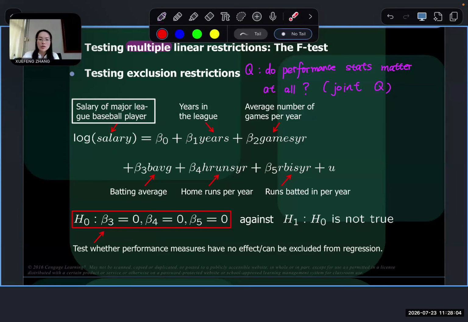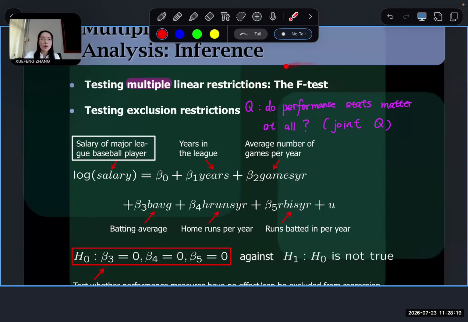Do those three variables together add anything to the model, add any new information to the model? That's a fundamentally different test, and it needs a different tool, which is the F-test. We need the F-test for testing multiple linear restrictions.